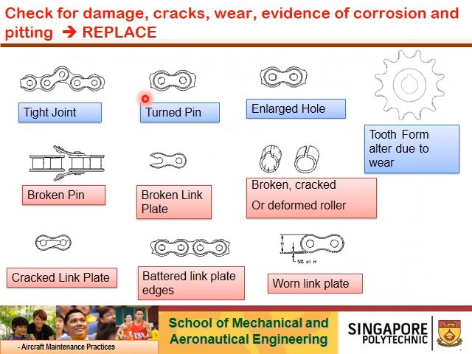These are the various types of damage you will possibly encounter when you inspect. Any damage, cracks, wear, evidence of corrosion and pitting, we will replace it. You can run through this; I won't run through everything. These are the defects.